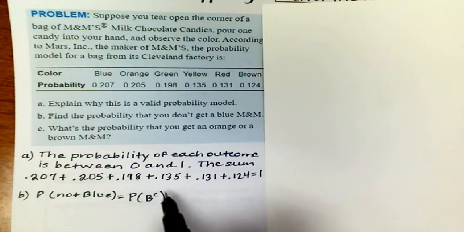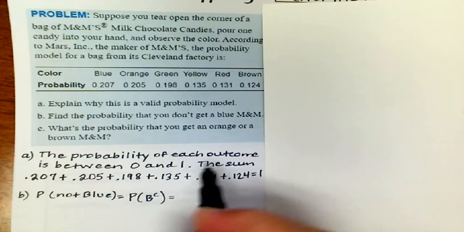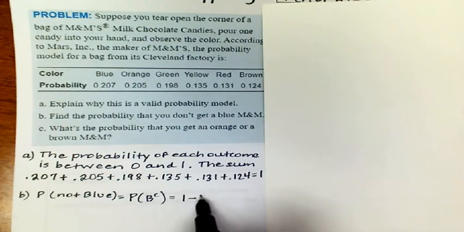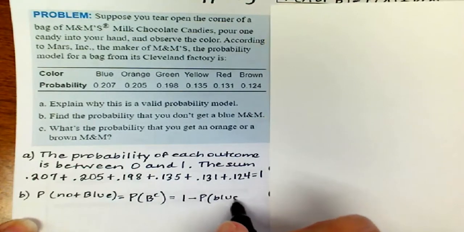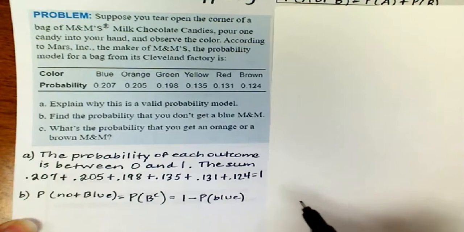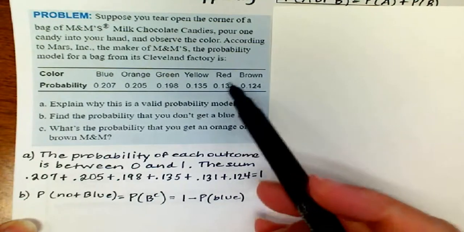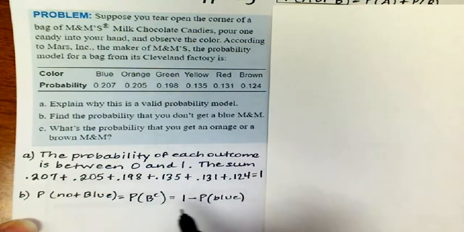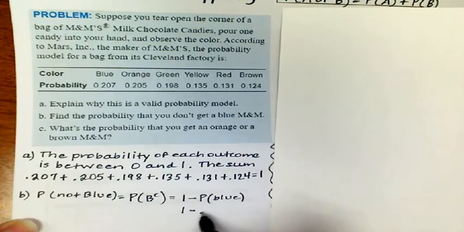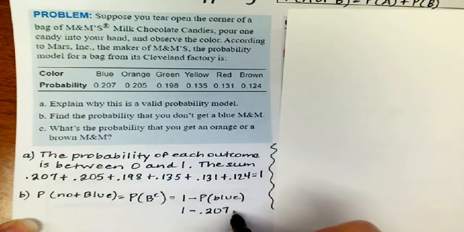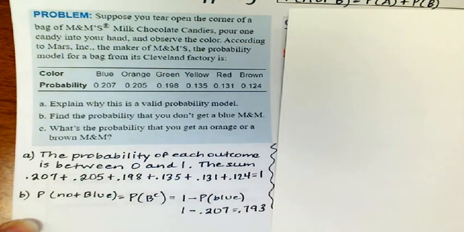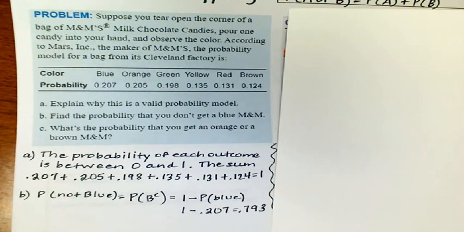So an easy way to do it would be 1 minus the probability of blue. So if you look up here, blue is 0.207, so it would be 1 minus 0.207, and that is equal to 0.793. So the probability of not blue would be 1 minus the probability that it is blue.